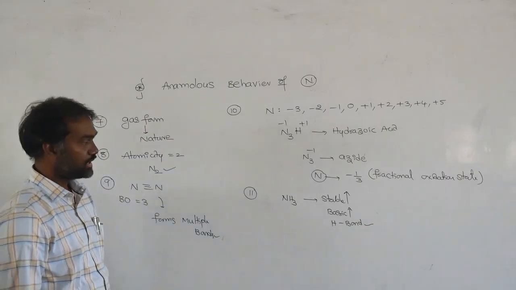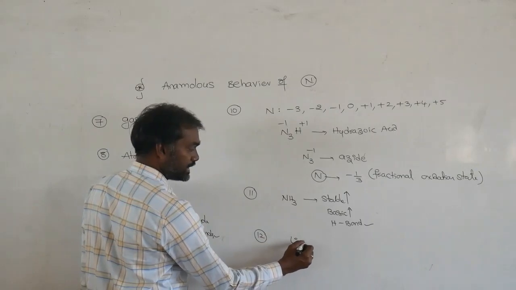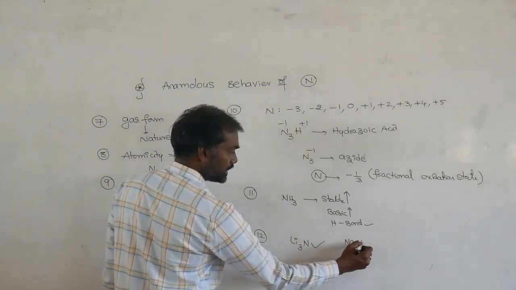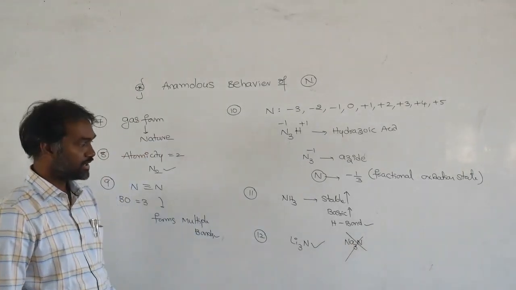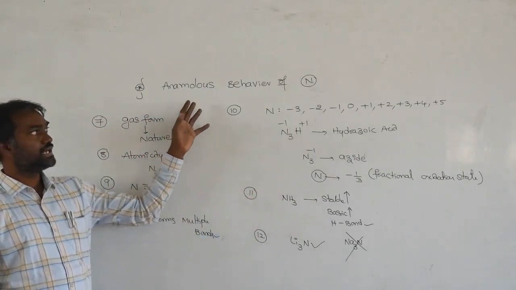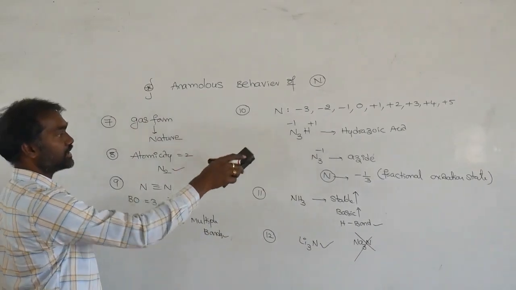Next, if you take metals, only Li3N is possible. Na3N and the rest do not exist. So these are the anomalous behaviors, different from the other elements. That is called anomalous behavior.